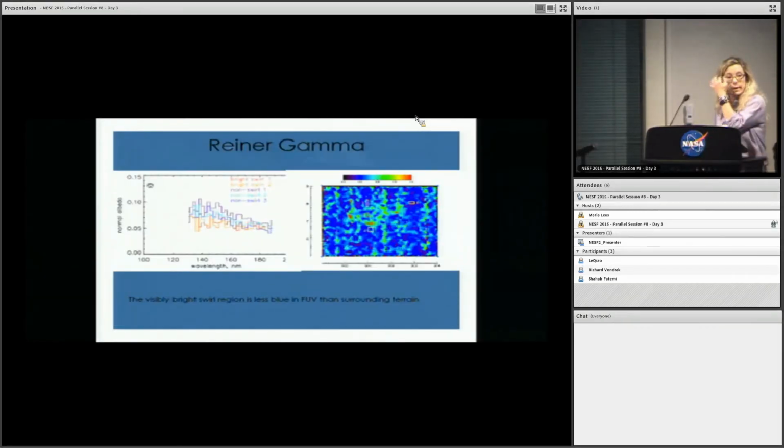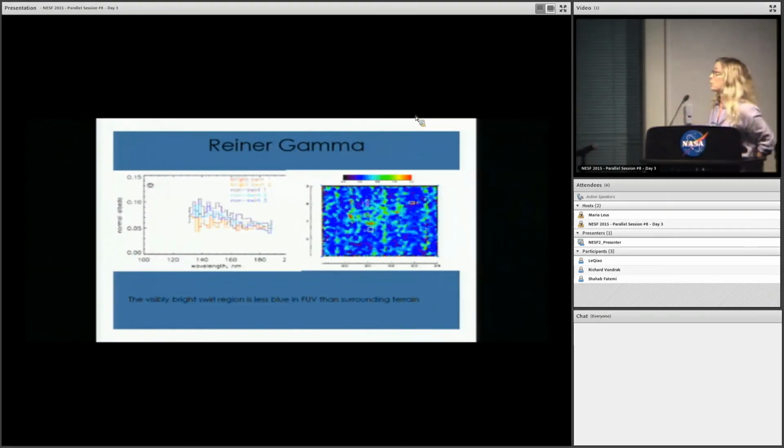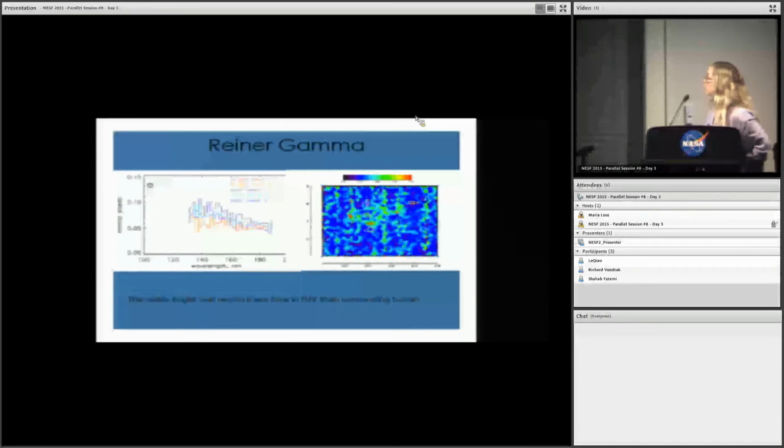Here are some spectra from that Reiner region. We've picked some off-swirl regions and some on-swirl regions. Here are our off-swirl regions, which, again, sorry that the colors didn't turn out so great, but those off-swirl regions are more blue than the on-swirl regions.